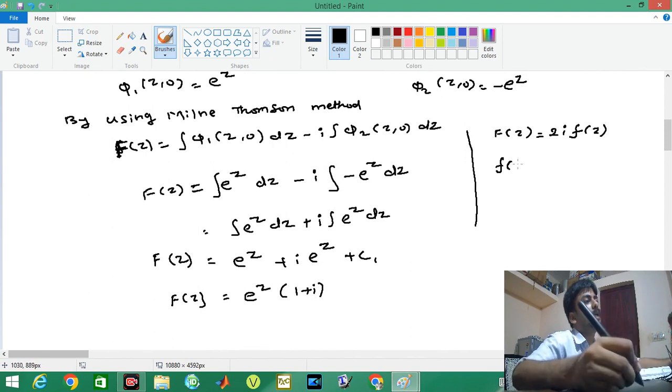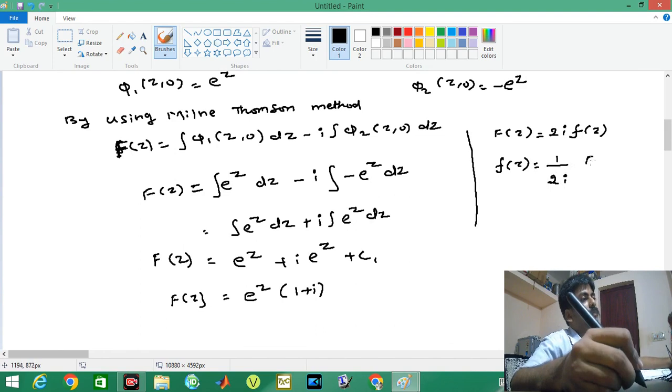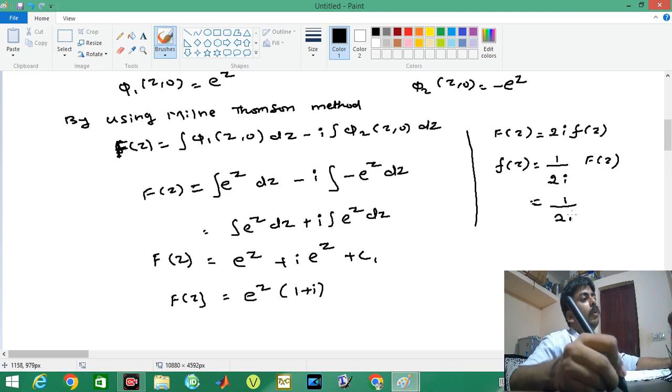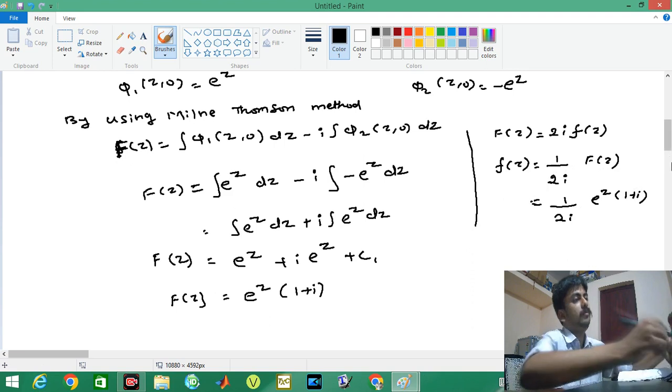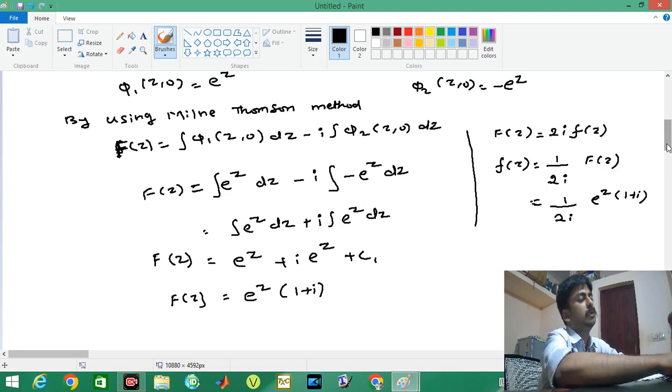So small f of z equal to 1 by 2i of capital F of z, that is e power z, first we shall write capital F of z and then we shall write 1 divided by 2i into e power z into 1 plus i.